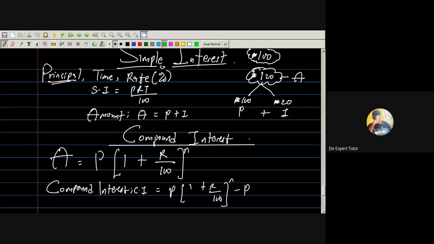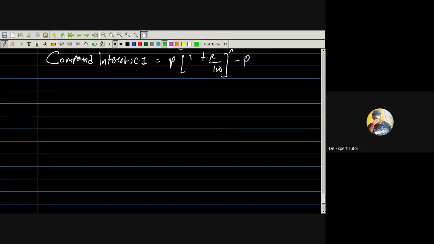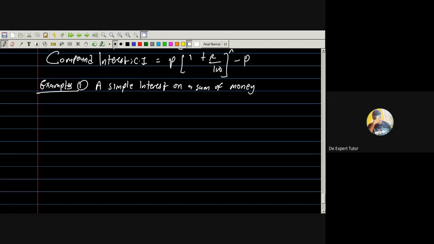Okay, let's solve a problem. They said a simple interest on a sum of money invested at 4% for 4 years was 4,040 naira.